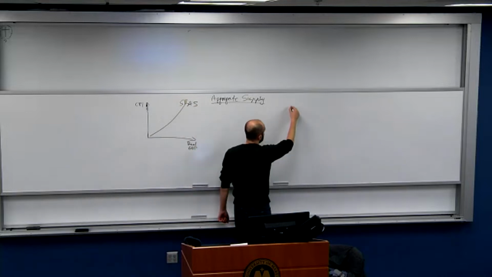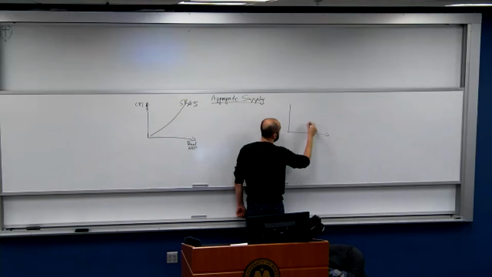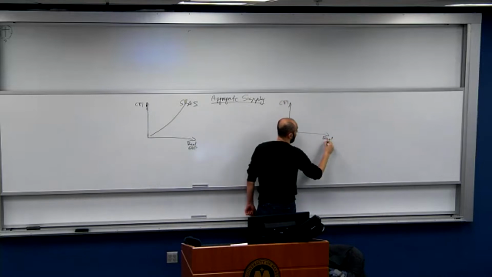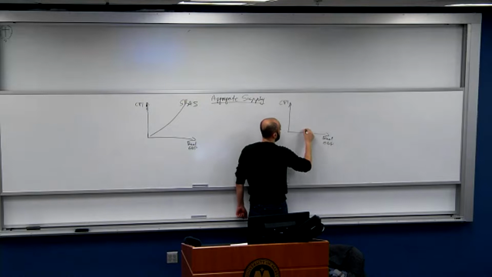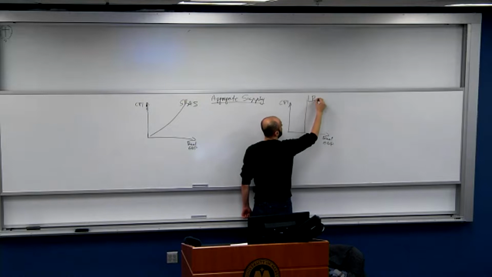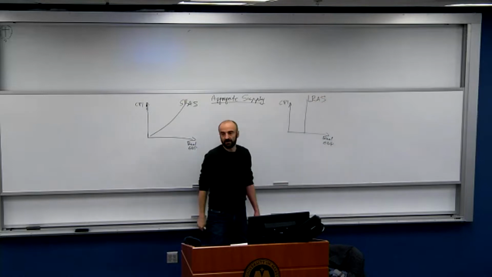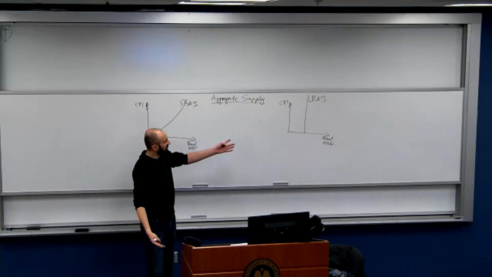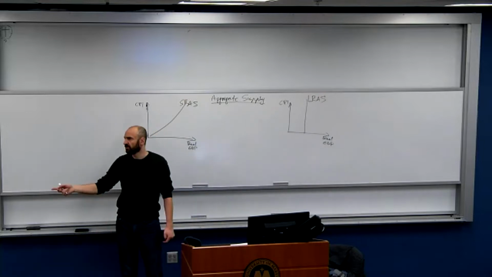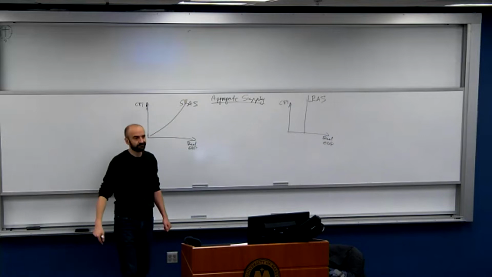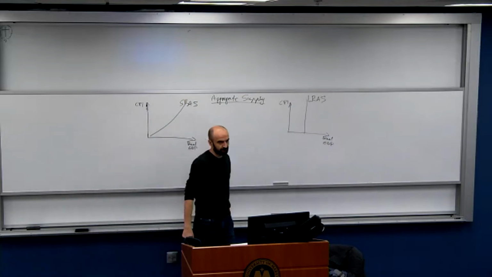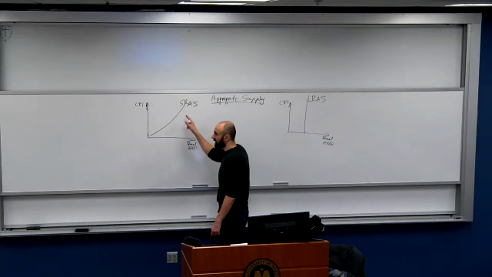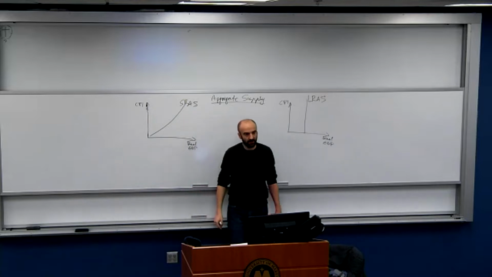And we will see later on, for reasons that remain to be explained, that the long-run aggregate supply curve is vertical. The quantity of goods and services produced in the long run does not depend on price variations. So let's start with the short-run curve first.